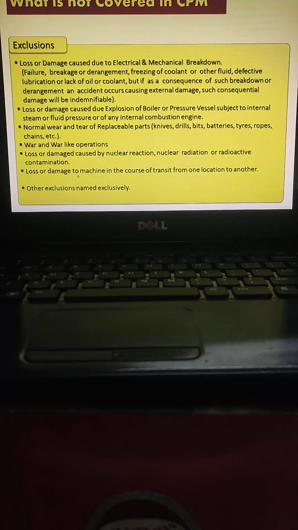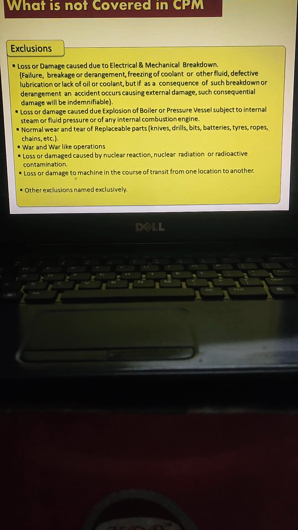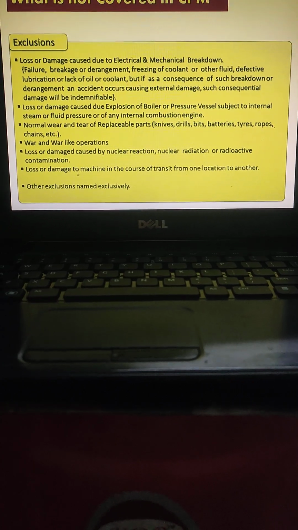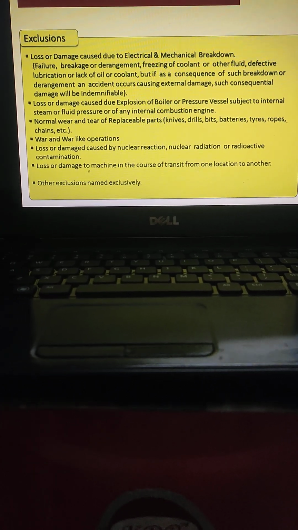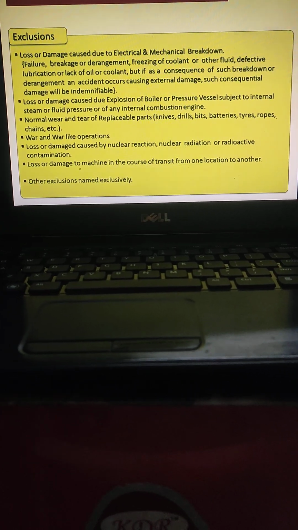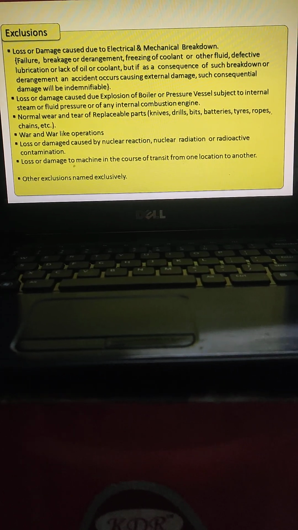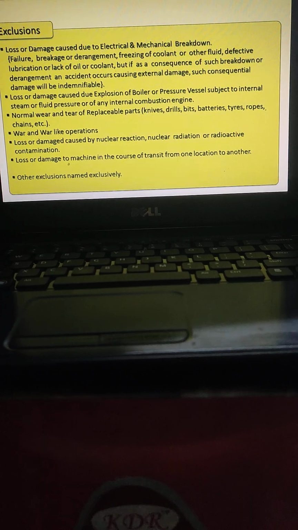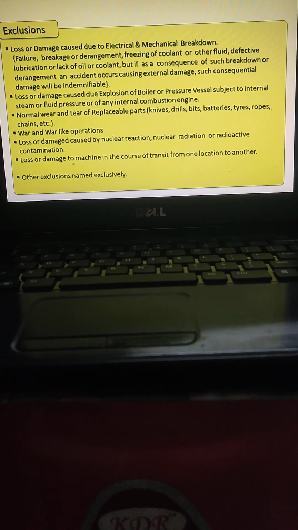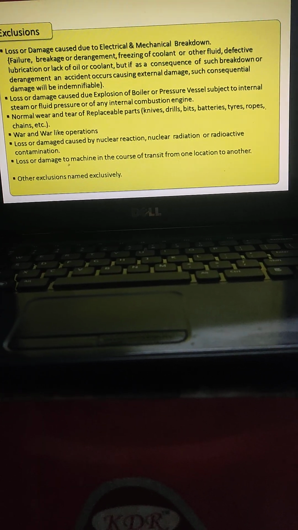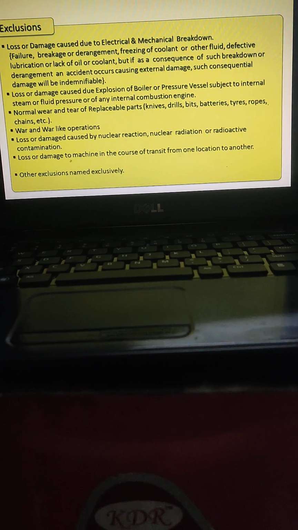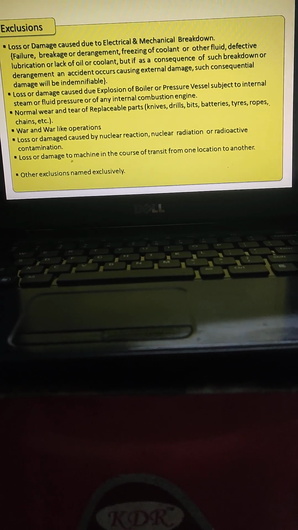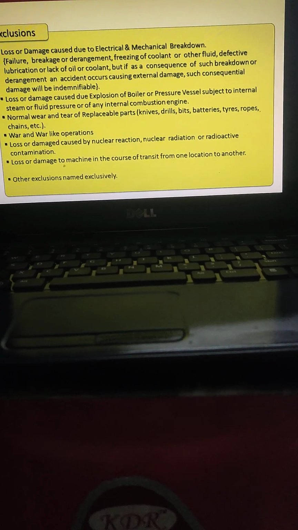This CPM policy does not cover the loss or damage caused due to electrical and mechanical breakdown, because failure or breakdown or derangement, freezing of coolant or other fluid, or defective lubrication or lack of oil or coolant are not covered. Secondly, loss or damage caused due to explosion of boiler or pressure vessels, because there is a separate policy for boiler and pressure vessels.